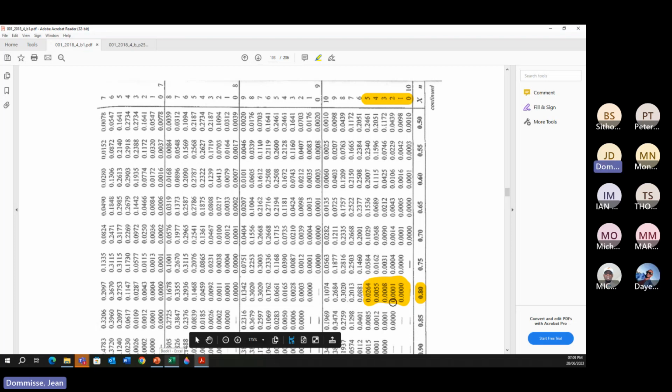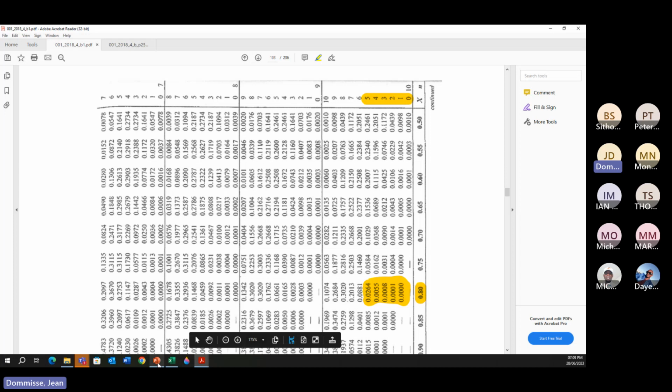Okay, so again, if this was printed, much better to work with. So it's 0.0264 plus 0.0055 plus 0.0008 plus 0.0001. Okay, unfortunately, that last one is 0.